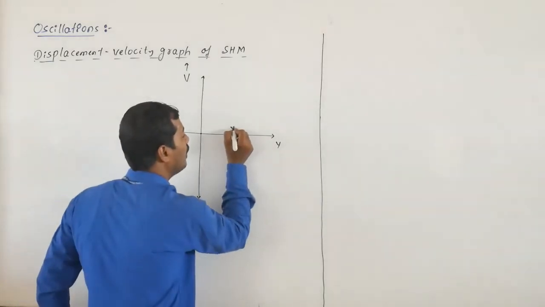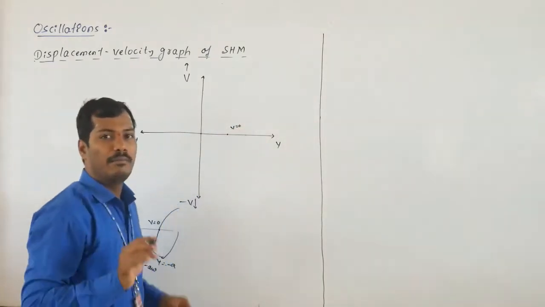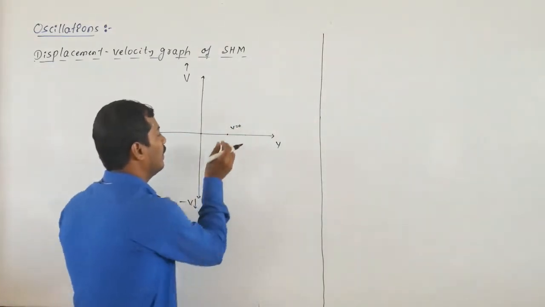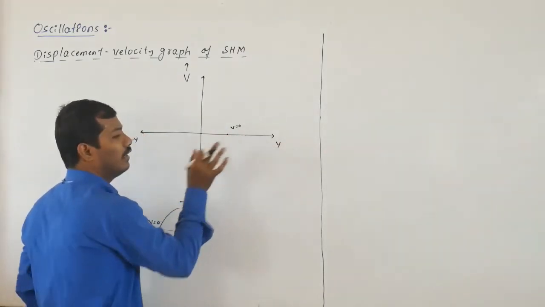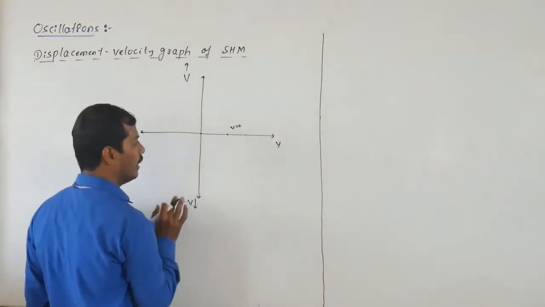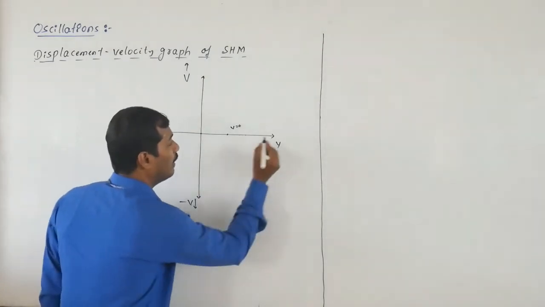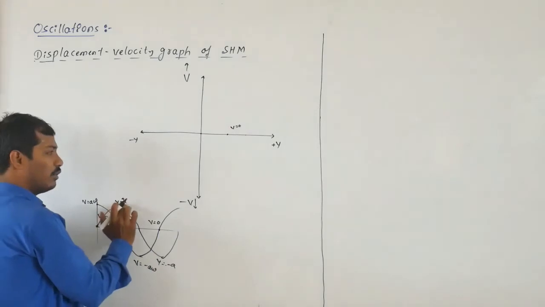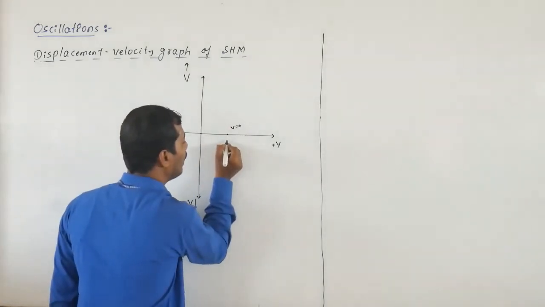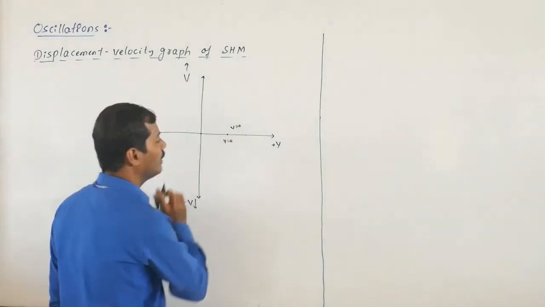I will take this as the maximum displacement of the particle. This is positive, this is negative. From here up to here, consider this as A. So y is equal to A, it is a maximum.